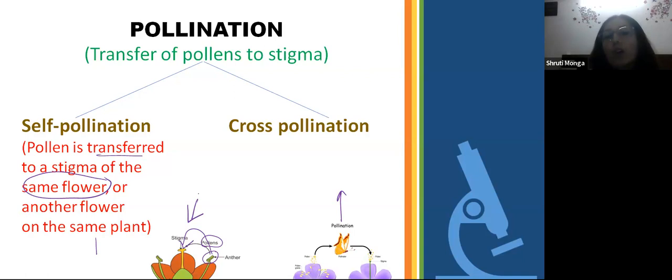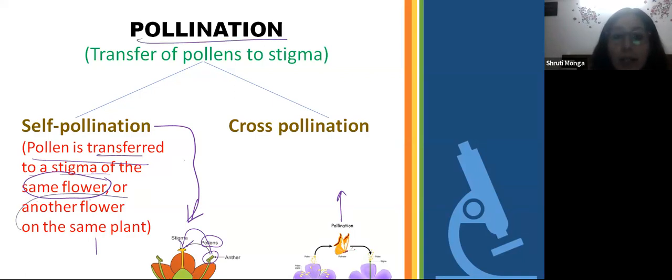You will say, ma'am, it is showing self-pollination. Why? Because the transfer is happening within the same flower. Pollen is transferred to a stigma of the same flower, so this particular flower is of the self-pollination type.